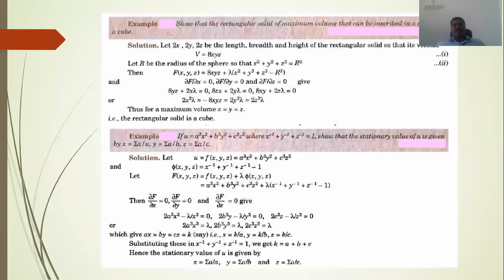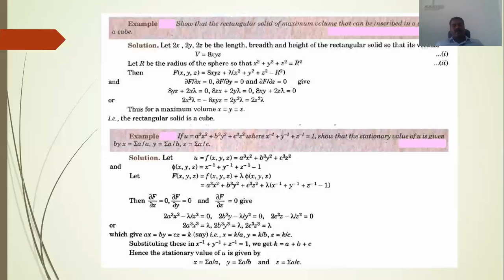Right? Which implies 2a³x³ = λ, 2b³y³ = λ, and 2c³z³ = λ. Which implies a³x³ = b³y³ = c³z³. Right? Now, let ax = by = cz = k, say.